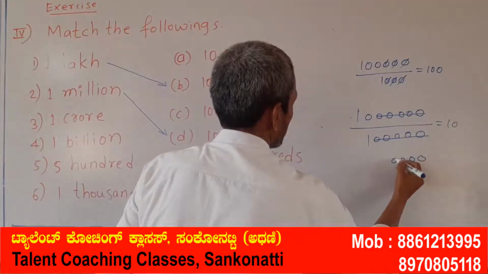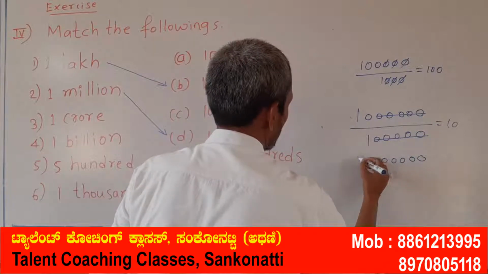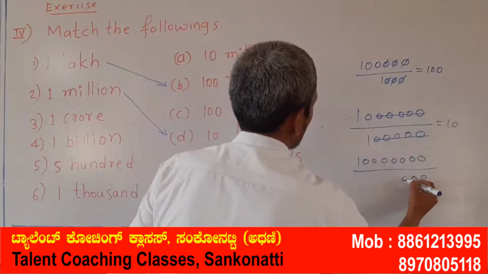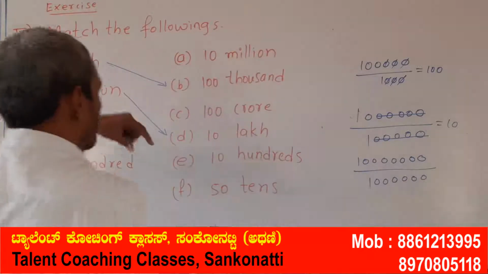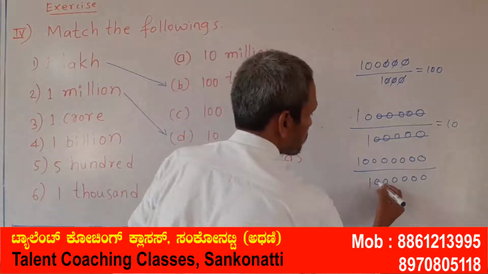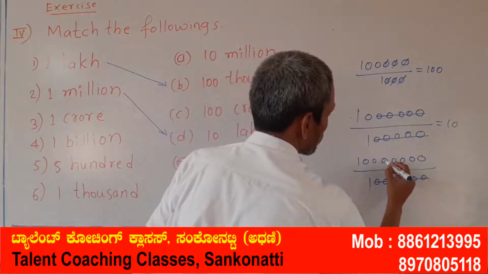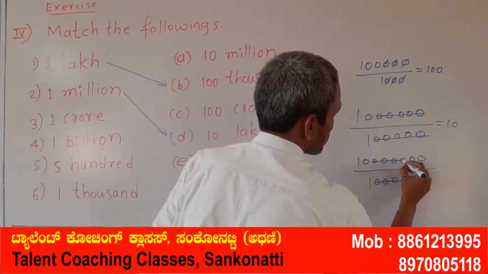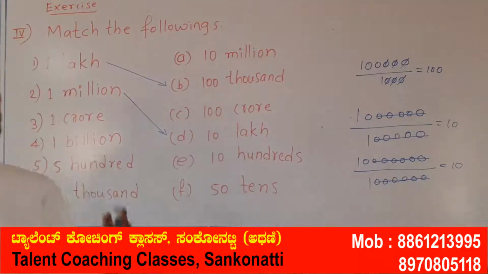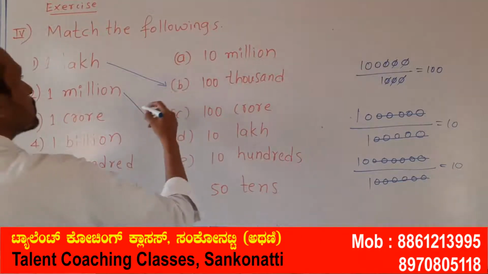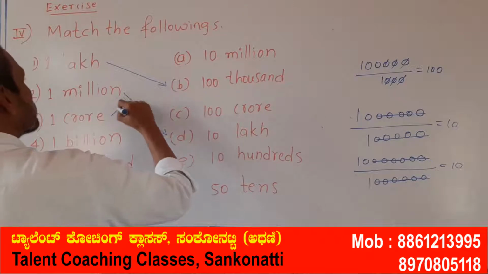Unit, 10, 100, 1000, 10,000, lakh, 10 lakh, crore. Unit, 10, 100, 1000, 10,000, 100,000, million. 6 zeros, 6 zeros. We got 10. So 1 crore is equal to 10 million.